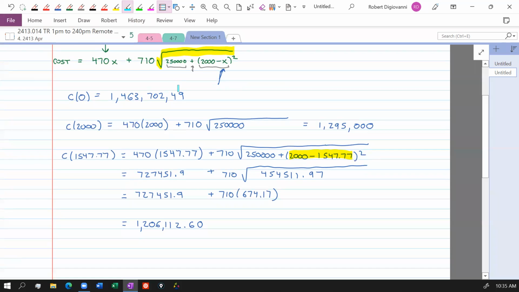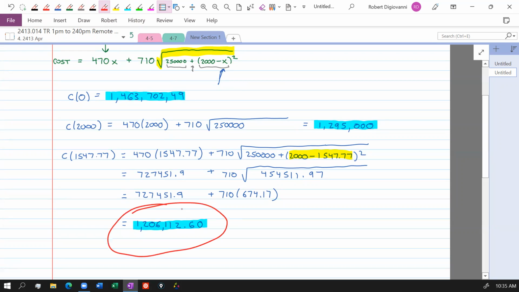So let's compare these. We have 1,463,000 if we do it that way, 1,295,000 if we do it that way, and 1,206,000 if we do it that way. This is definitely the way to go, right? It's going to save us a significant amount of money compared to these two. In fact, compared to this one, it's roughly $90,000 cheaper.